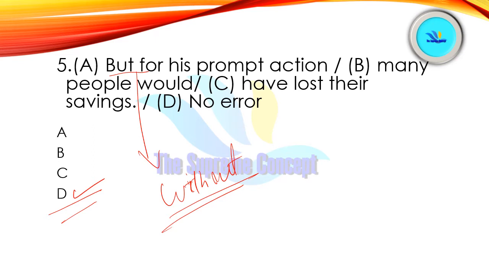Let us replace it and see: without his prompt action, many people would have lost their savings. It sounds good, right? So "but for" means "without". Always remember this: "but for" is the substitute for "without".